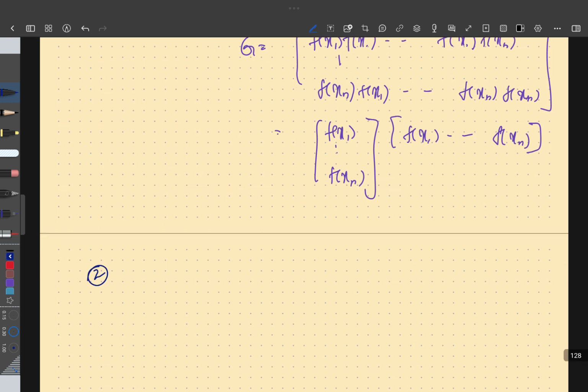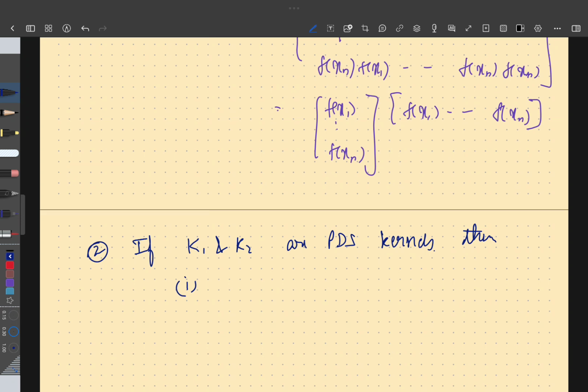The second property is that if K1 and K2 are PDS kernels, then firstly K1 plus K2 is PDS.